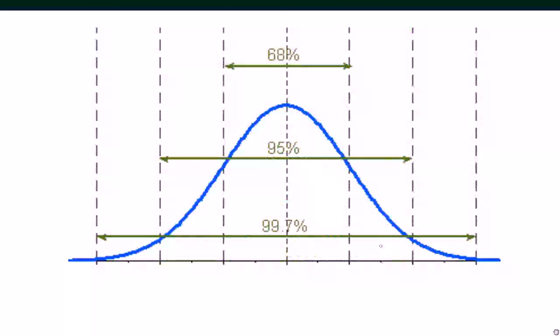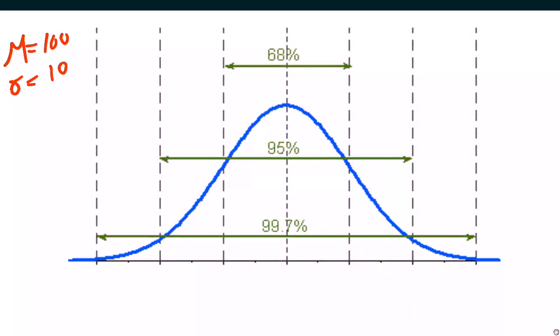You have a curve, say, representing test scores. Let's say where our mean, which we represent with this mu, is 100. And my standard deviation, sigma, looks kind of like a little zero with a tail on it, is 10.